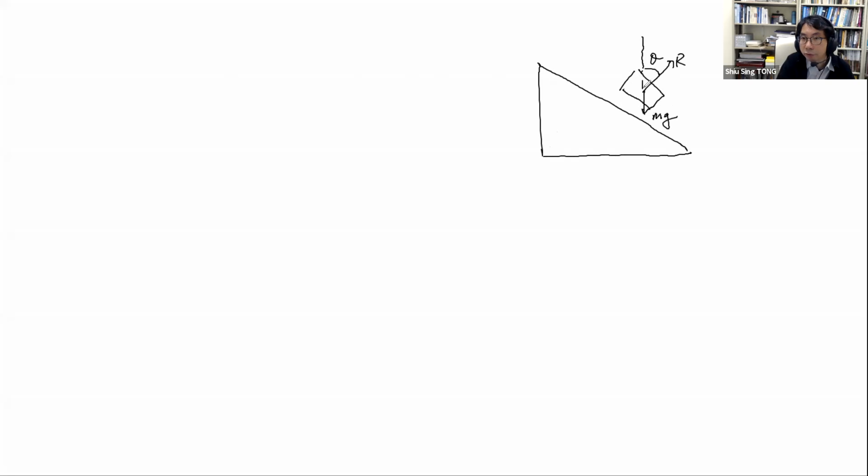Now, the important thing is the free-body diagram here with the block. Now, the horizontal component is R cosine theta. Sorry, R sine theta, sorry. So this is the horizontal component.